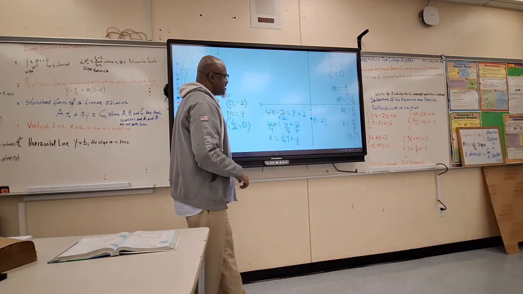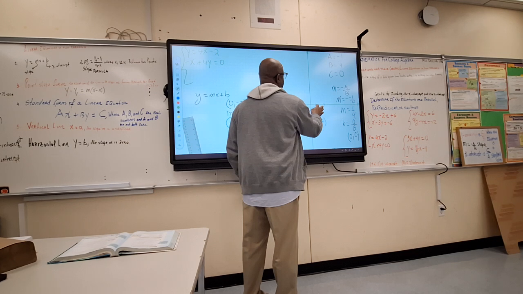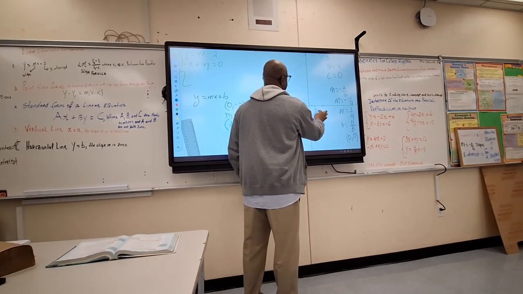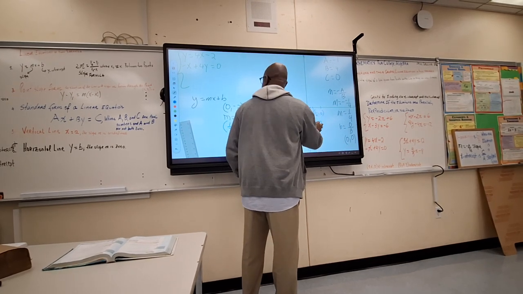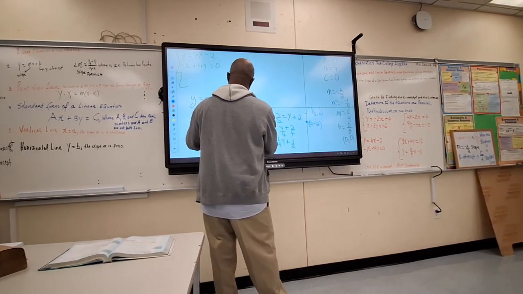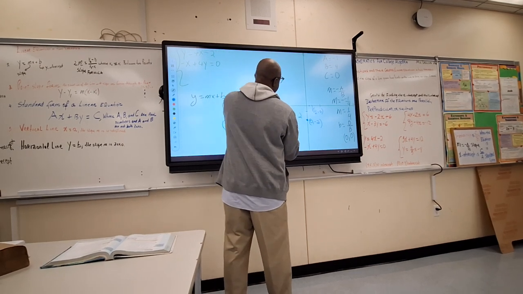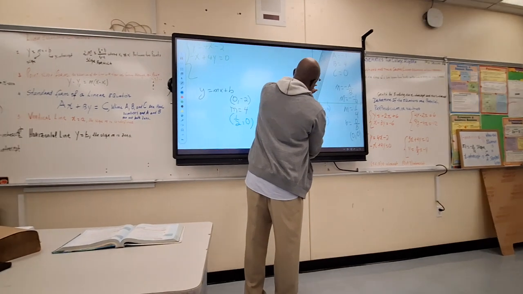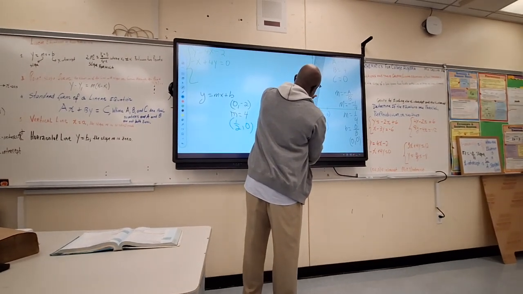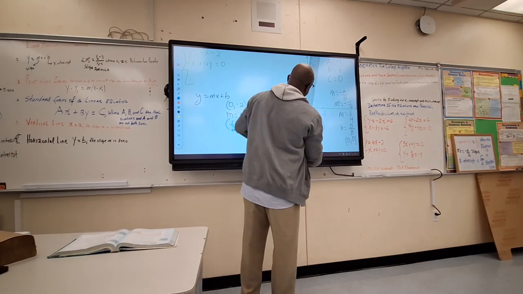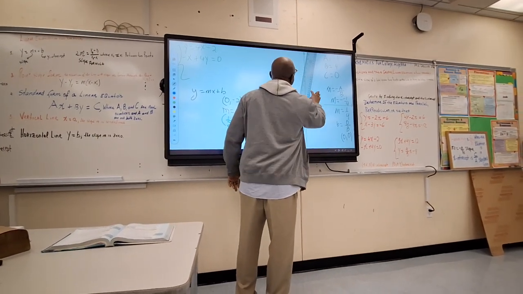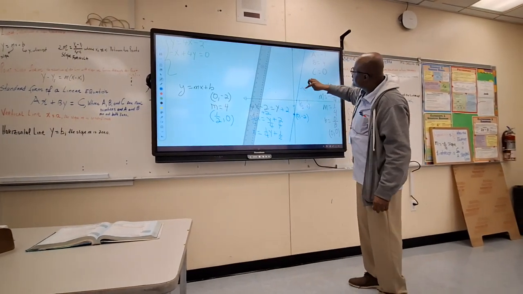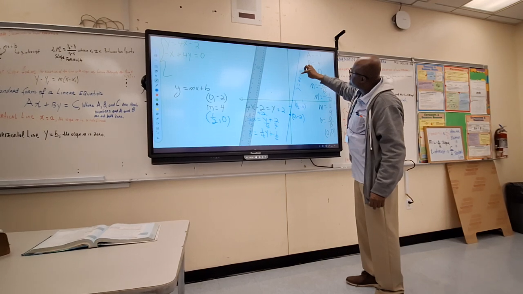Between what two numbers? 0 and 1. 1/2 will be somewhere down there. Then you connect those two blue points, not line, to your line. Alright, more or less. Connect. And this is y equals 4x minus 2.